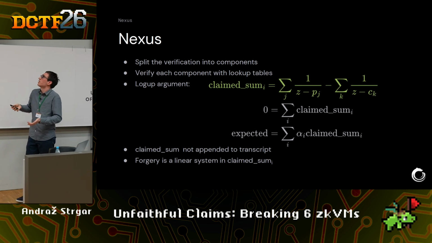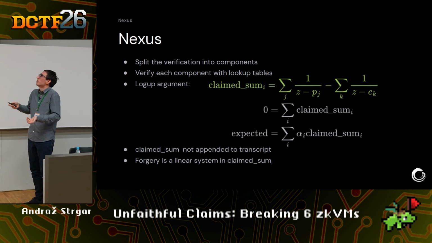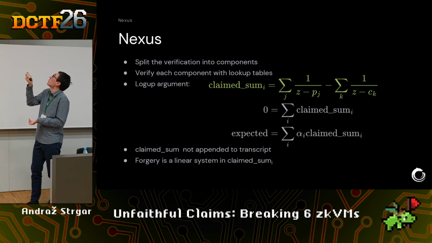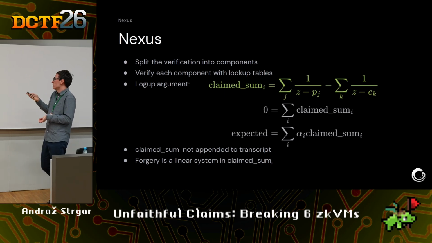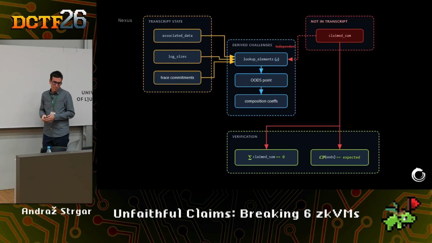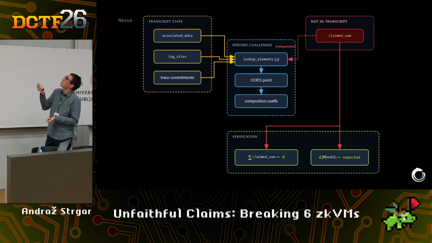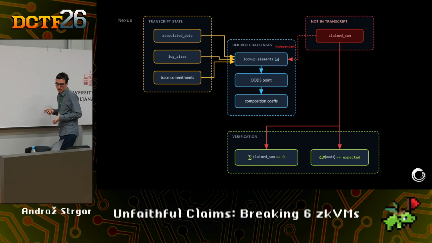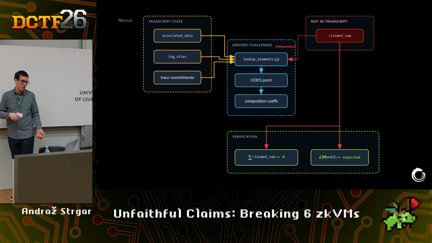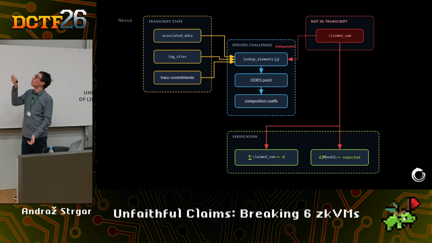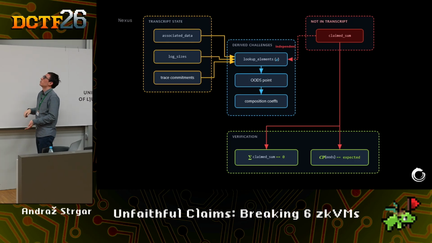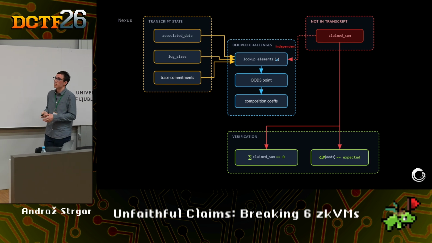And again, the patch was just to append this to the transcript, add a few more hashes to the code, and that's it. And again, here we can compute the entire proof because this dotted line here doesn't exist because the claimed sums are not added to the transcript and are only used in the actual final computations after we've done all of the important parts of the verification.